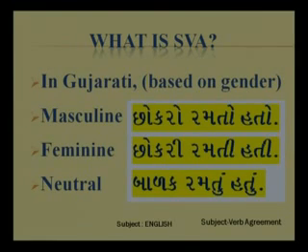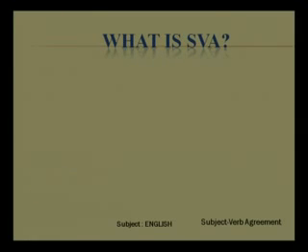So you can identify the difference between 3 different verbs. Basically they have the root verb in Gujarati, ramvu, but at once you see ramto hato, in the second sentence ramti hati, and in the third sentence ramtu hatu.